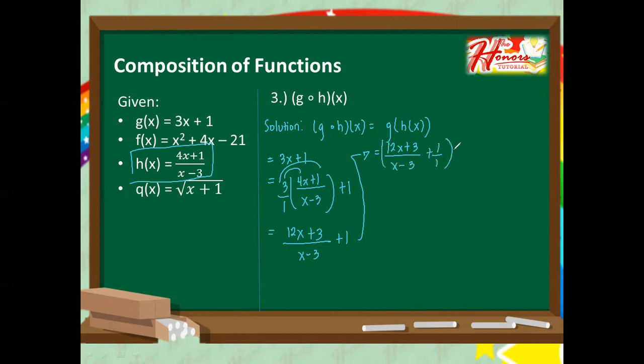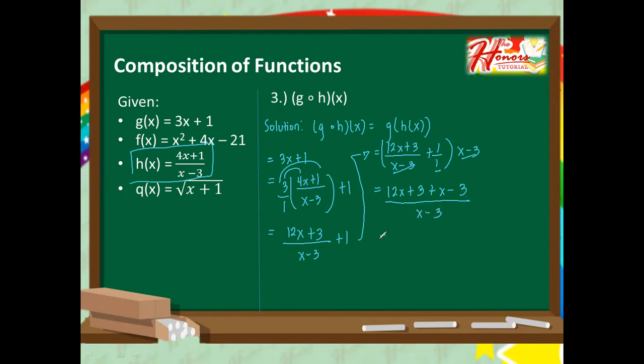And then multiply it by their LCD, which is x minus 3. So x minus 3, x minus 3, they are the same, so cancel. And then we have here 12x plus 3. And then after that, x minus 3 divided by 1 is x minus 3 times 1. So that is plus x minus 3 over the same denominator because our LCD is x minus 3 also.